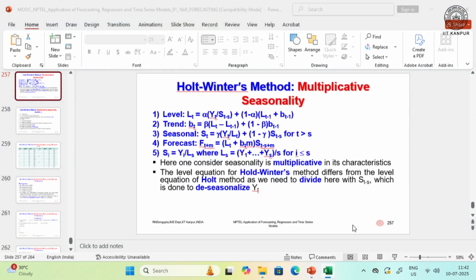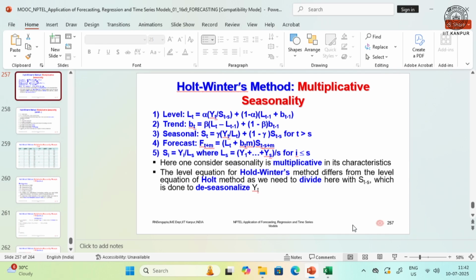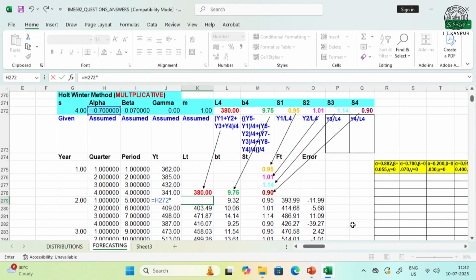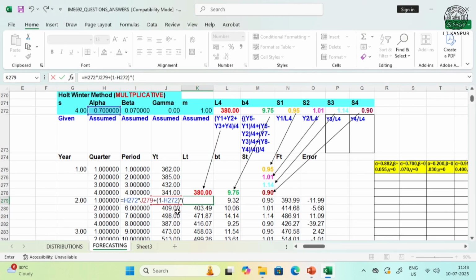Level will be equal to alpha into yt by st minus s. So, alpha is here, multiplied by its corresponding value of yt. Yt value is given in J column, 279, plus 1 minus alpha. I have to fix alpha, which I will do later, multiplied by LT minus 1 value back.